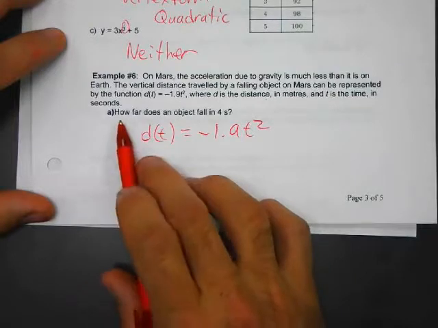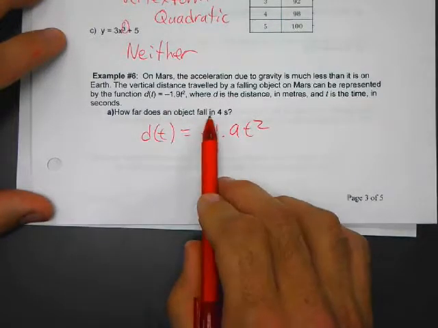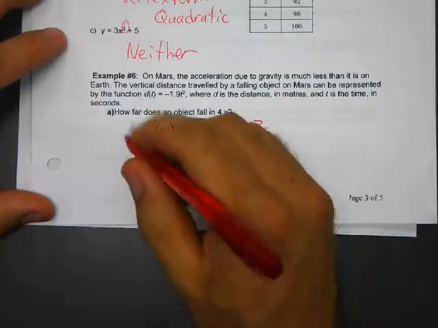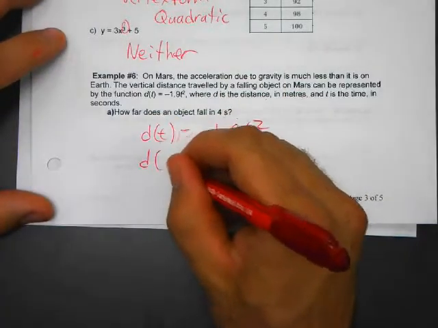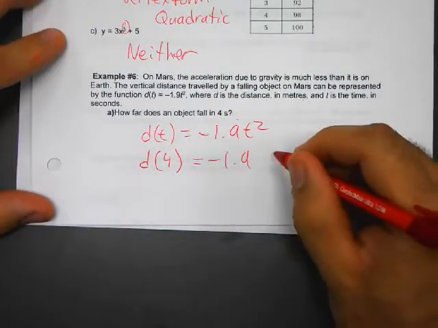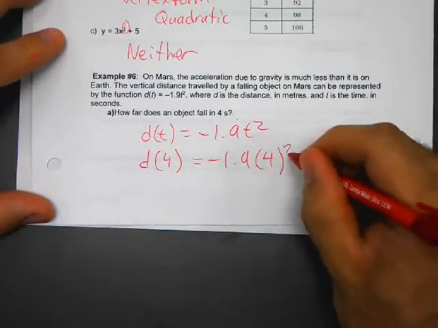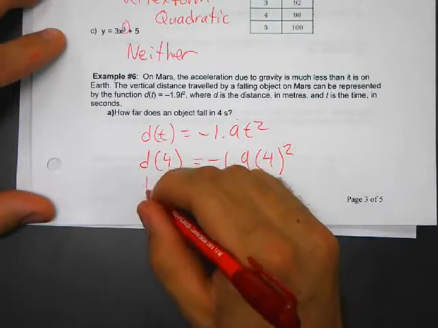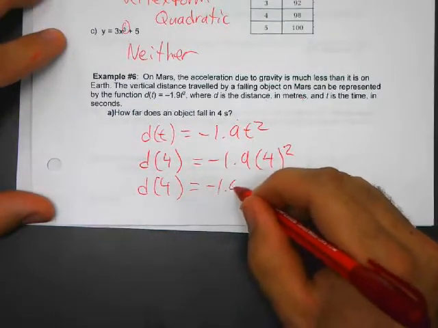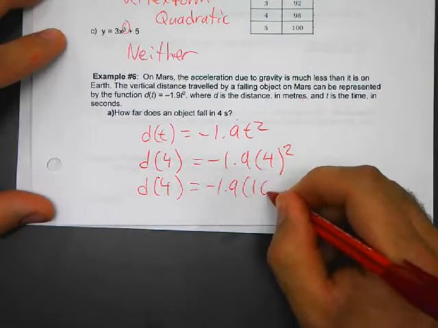So they want to know how far does an object fall in 4 seconds. That means we have the t, we're going to put 4 in for t. d of 4 is equal to negative 1.9 times 4 squared. So we get d of 4 is equal to negative 1.9 times 16.